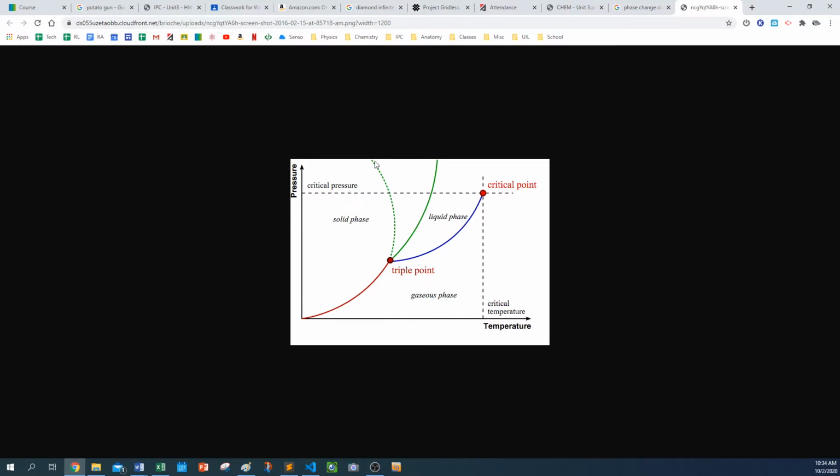I don't know why this dashed line is here, you can ignore it, it's this one right here. So the liquid phase is between this green line and this blue line.